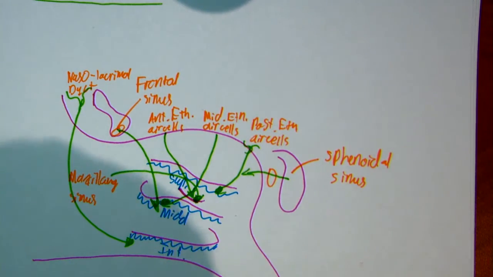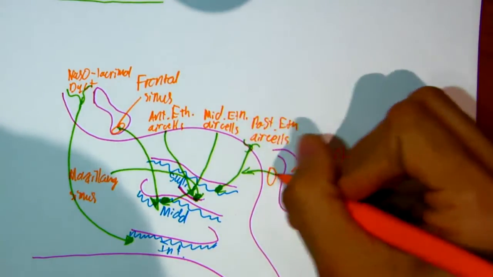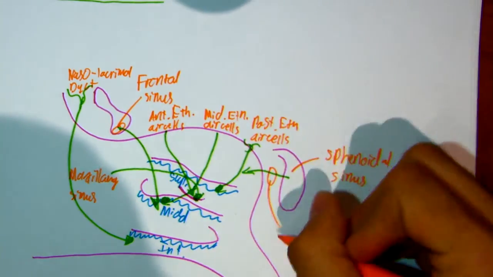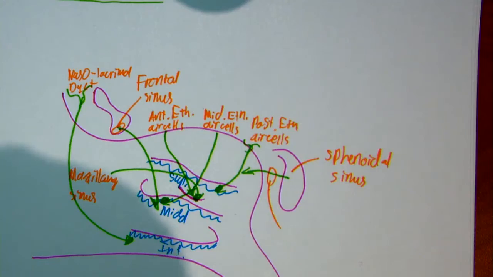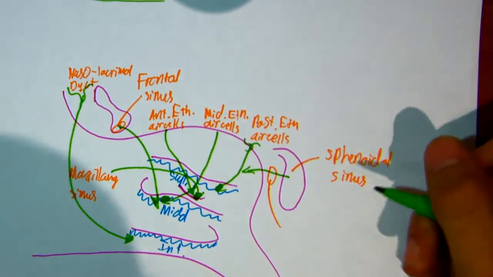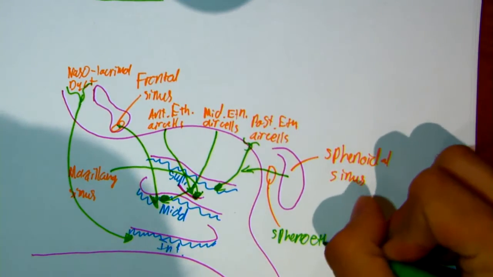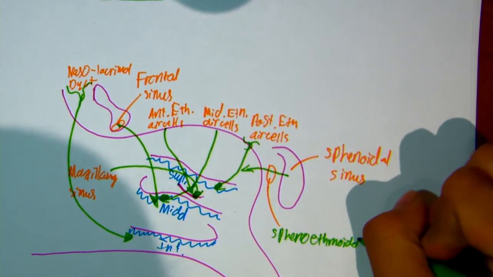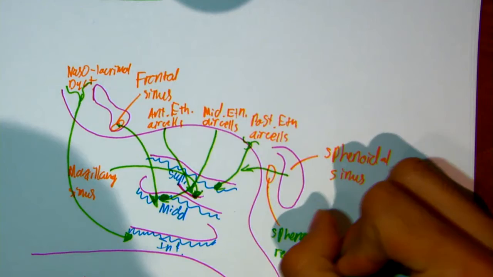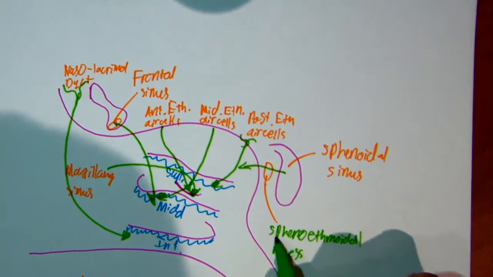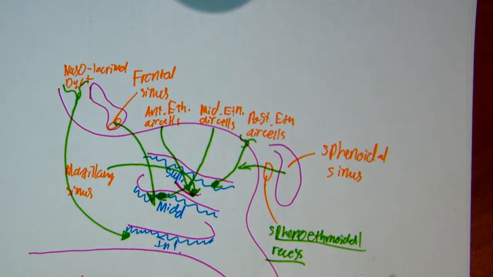The important part, though, is to know that this area that it drains through is called the sphenoethmoidal recess. This is the important part. The sphenoethmoidal recess.